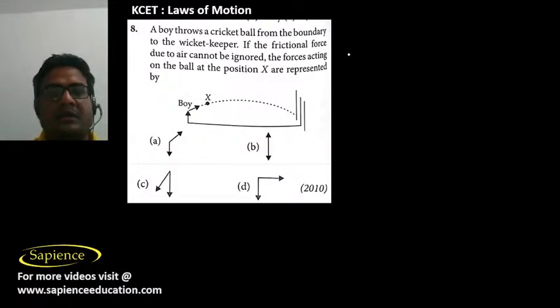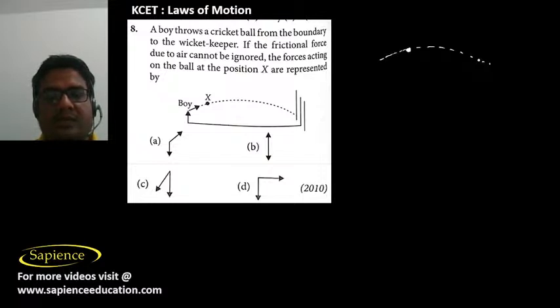Then, a boy throws a cricket ball from the boundary to the wicket keeper. If the frictional force due to air cannot be ignored, the forces acting on the ball at the position X are represented by which option? At the position X, the ball is thrown like this.